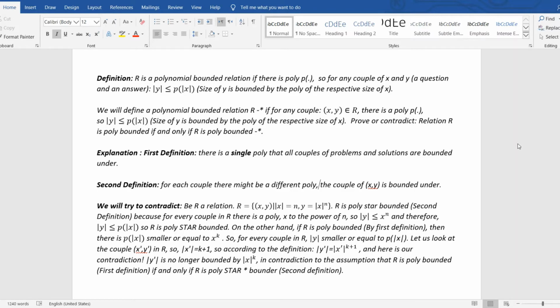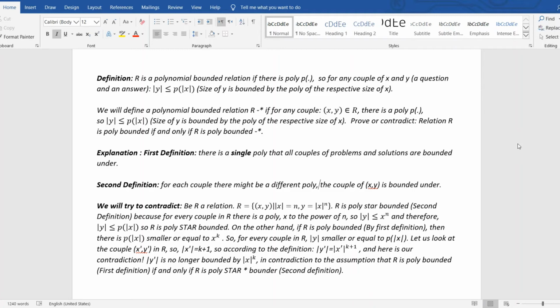Let us look at the couple x tag, y tag in R. So the size of x tag equals k plus 1. So according to the definition, the size of y tag equals the size of x tag to the power of k plus 1, and here is our contradiction.